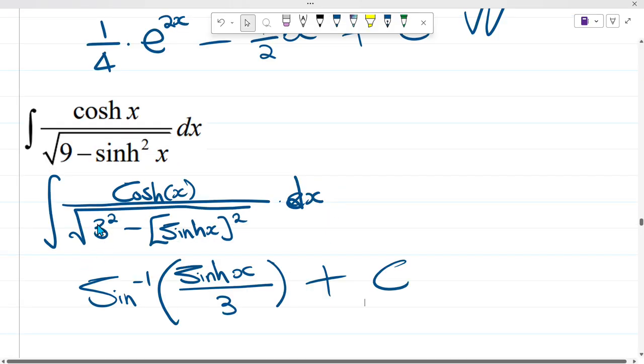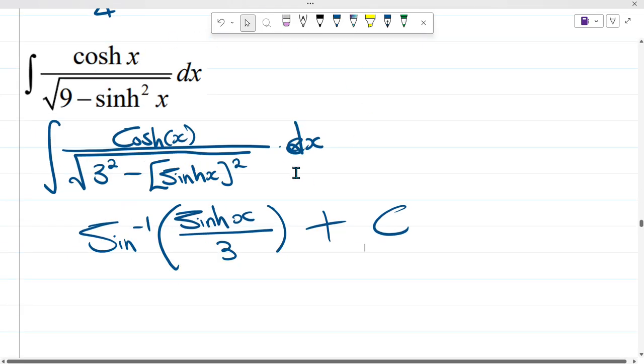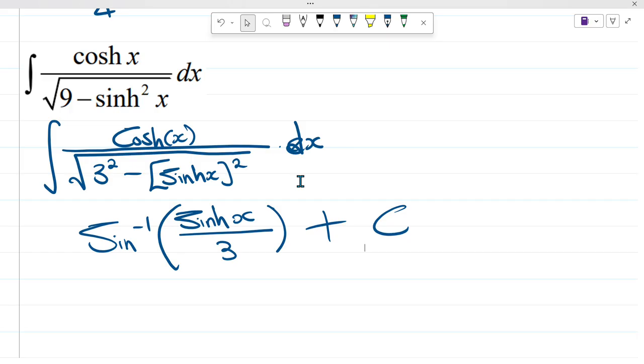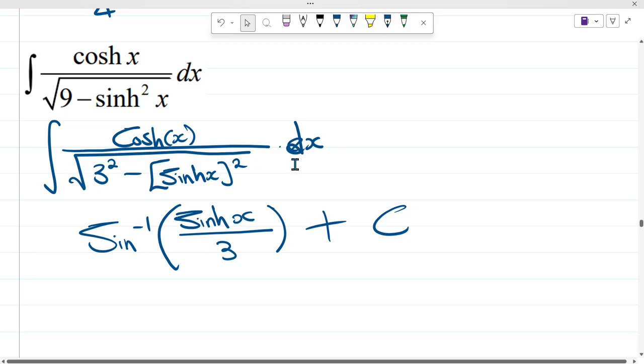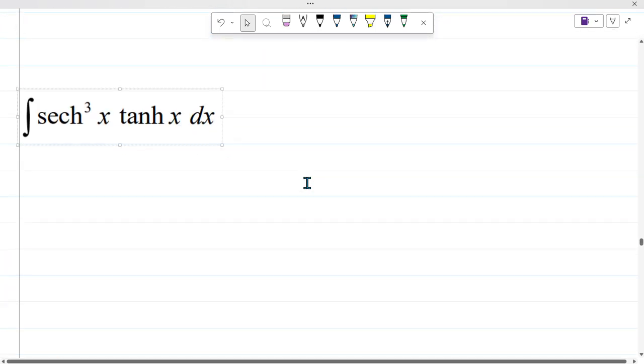So this is our a, guys. Of course, if you already forgot about the inverse functions, you can go back to the previous videos on integration of inverse trigonometric functions. I've solved a lot of questions and explained how to go around them, so it shouldn't be a problem.